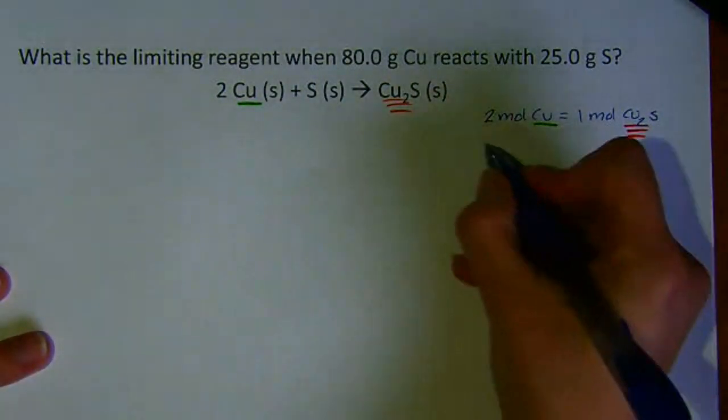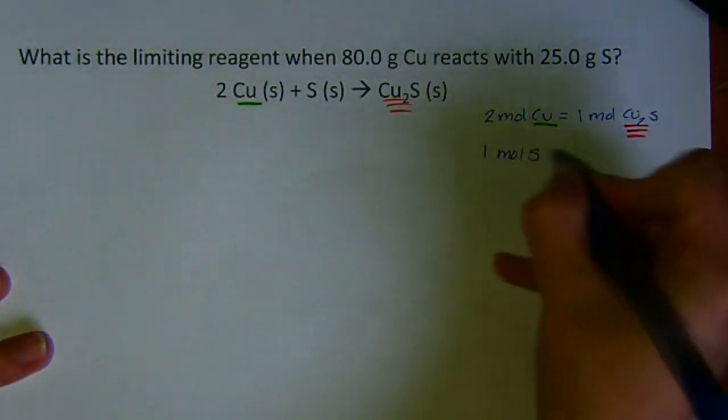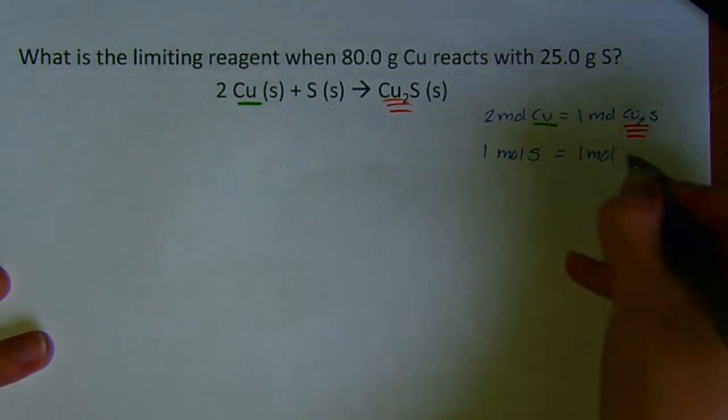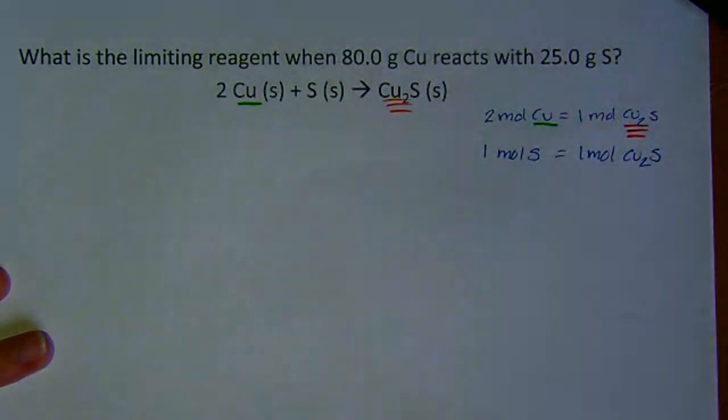We also know that for every 1 mole of sulfur that reacts, that's going to produce 1 mole of copper sulfide.